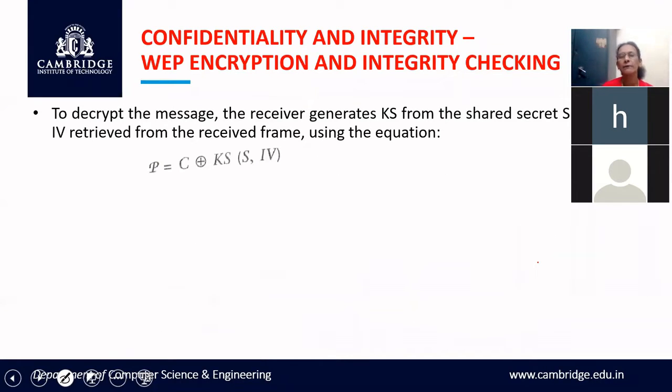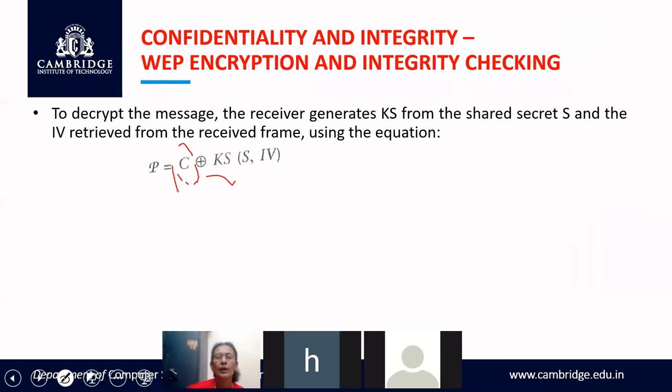Now, at the receiver, it receives this ciphertext. From the ciphertext, how does it get the plain text? To get the plain text, it will XOR the ciphertext with the key stream.